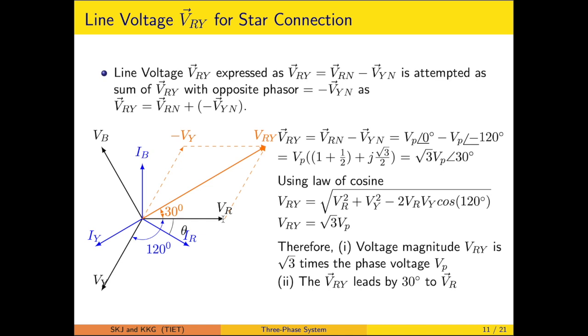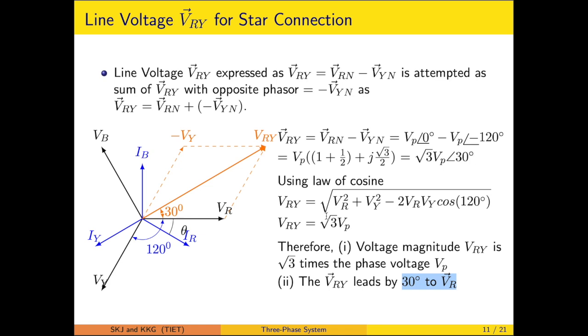VR was our consideration; here we are spelling out VRY. So the voltage magnitude VRY is root 3 times the phase voltage Vp, and it also leads VR by 30 degrees. Please be mindful that we obtain these two statements from this.